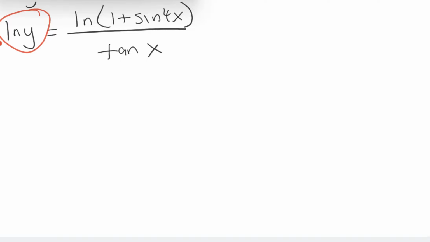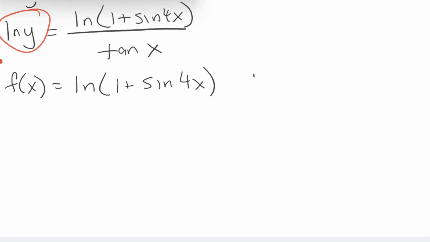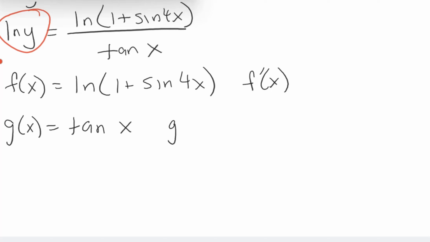So my f of x is ln of 1 plus sine 4x. I always want to write that as an exponent, and that's not. So f prime of x, and then g of x is tangent of x, and that one's easy. That's just secant squared x.